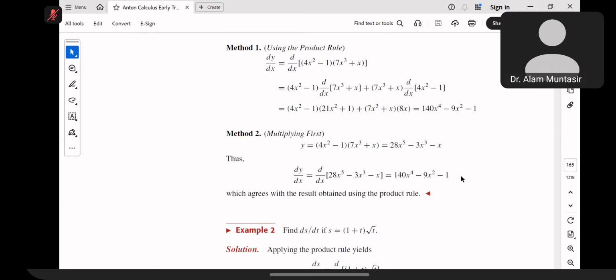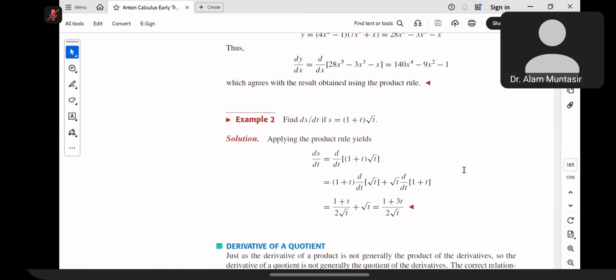You cannot apply any other alternative rule. If your question is to take the differentiation of the given function using the product rule, then you must apply the product rule.